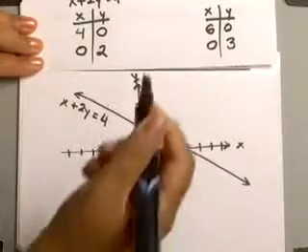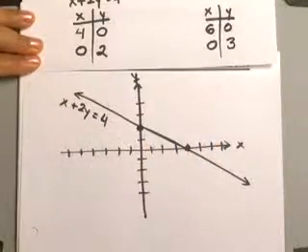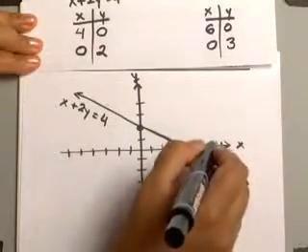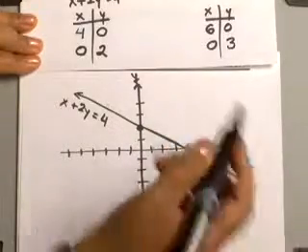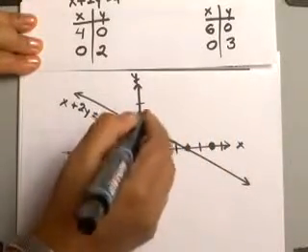Now we can go ahead and graph the other one. Your points were 6, 0, so 6 will be right here. The other one was 0, 3, and that point will be right here.